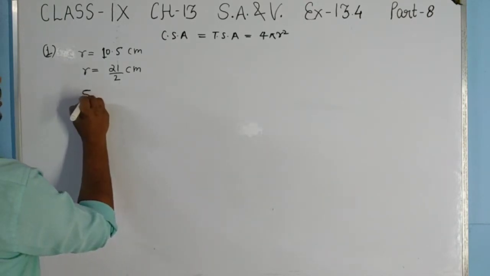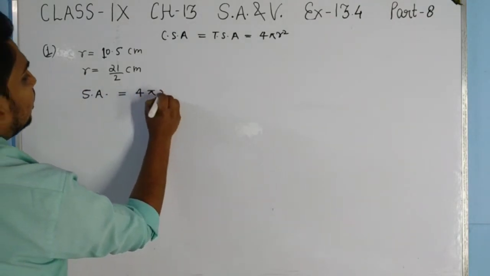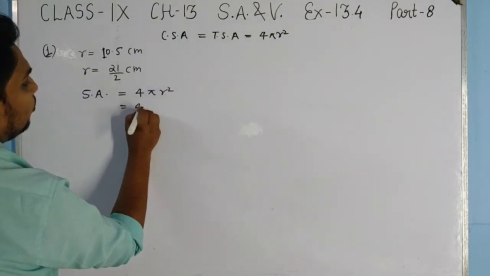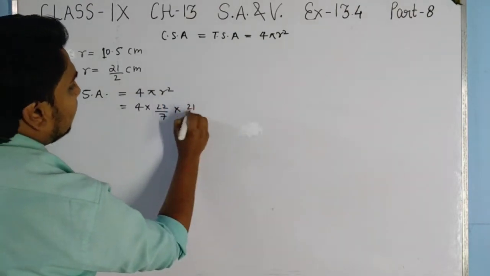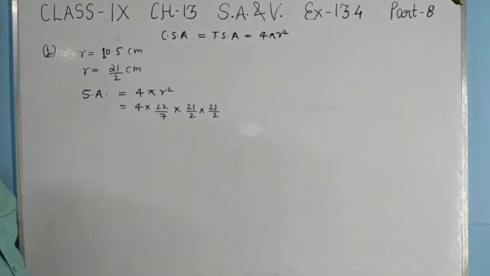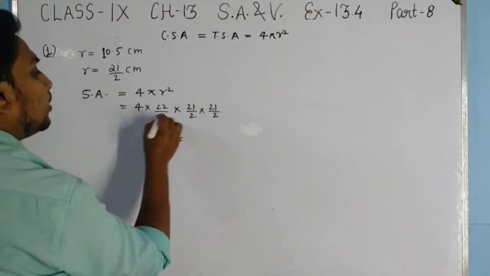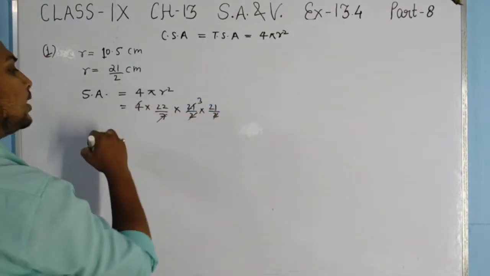So surface area of a sphere is 4 pi r square. So 4 pi is 22 by 7 and r is 21 by 2, so r square means 21 by 2 into 21 by 2. Now this 7 will cancel this 21 in 3 times, and 2 2s are 4 will cancel this.